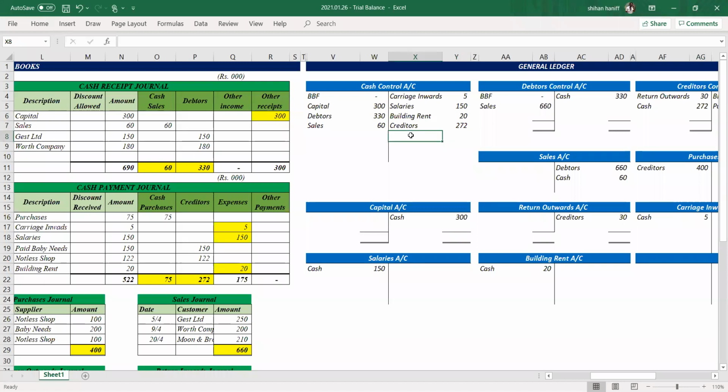Cash purchases 75: cash account credit 75, purchases account debit 75. Right, so that completes recording the transactions from the day books, the cash receipt and payment journal.